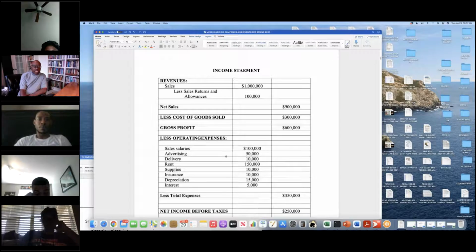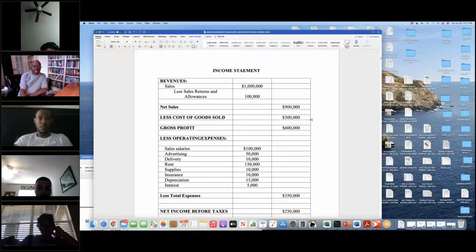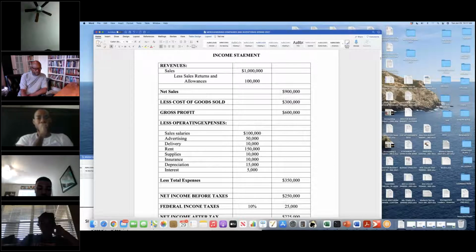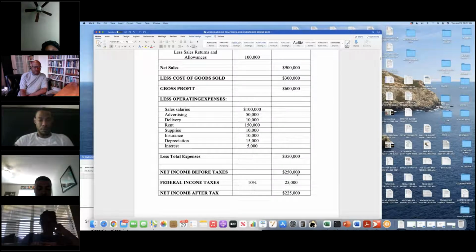We looked at the income statement that you're supposed to be working with now: sales less returns and allowances, net sales, less the cost of goods sold, your gross profit. Then the operating expenses that we've worked with before to get our net income before taxes, then our federal income taxes, our net income after tax.